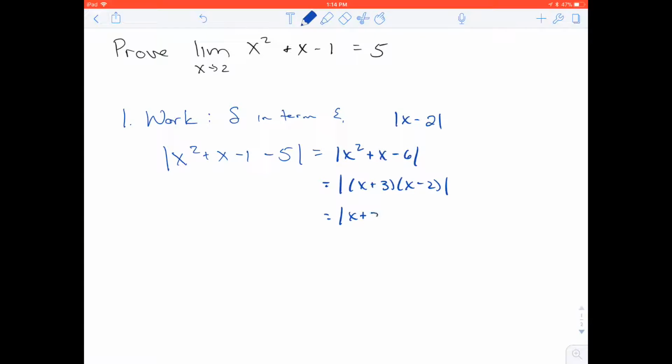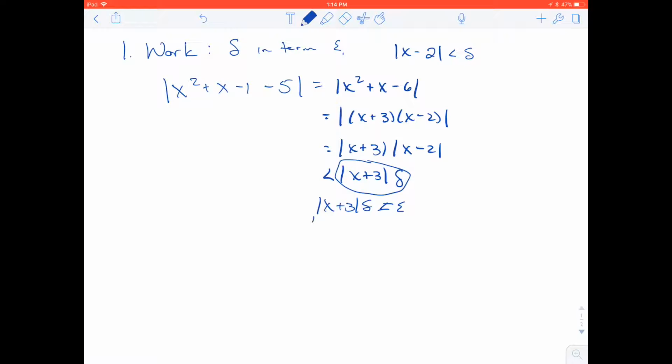We get absolute value of x plus 3, x minus 2, which is less than x plus 3 times delta, because we replace our x minus 2 with delta. And again, this is what we want our epsilon to be. X plus 3 times delta is equal to epsilon.